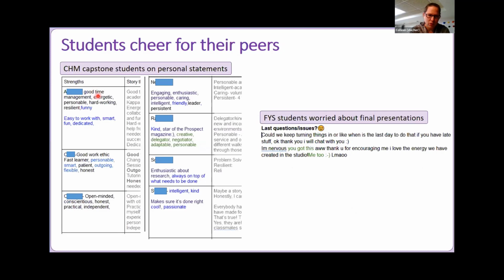Each of the individual students wrote about themselves, what they're good at. But then their classmates were also in on the Google Doc and could add in things in a different color. So this student didn't think that they were easy to work with, but somebody else was able to share that about them.